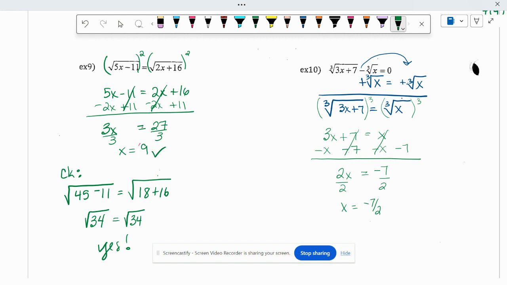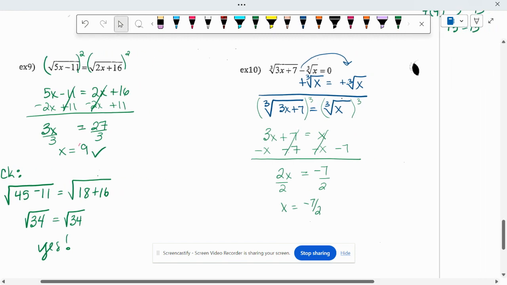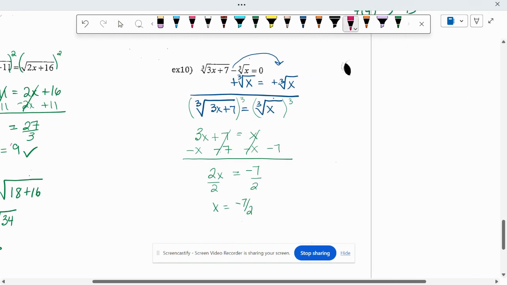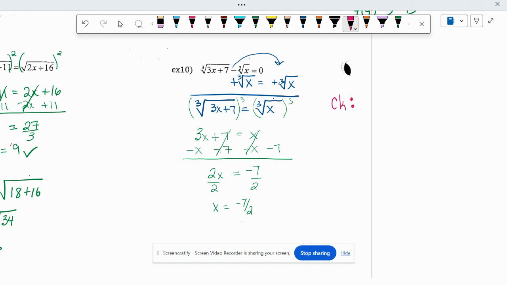Okay, so now we are going to check our answer. So let's do the check. So when I check, remember I put that back into the original equation. So the cube root of 3 times negative 7 halves plus 7 minus the cube root of negative 7 halves equals 0.